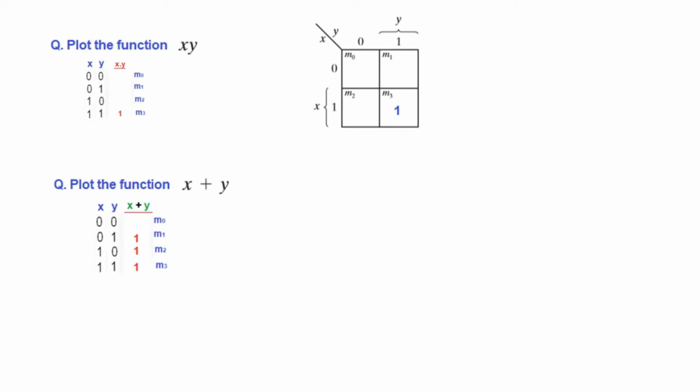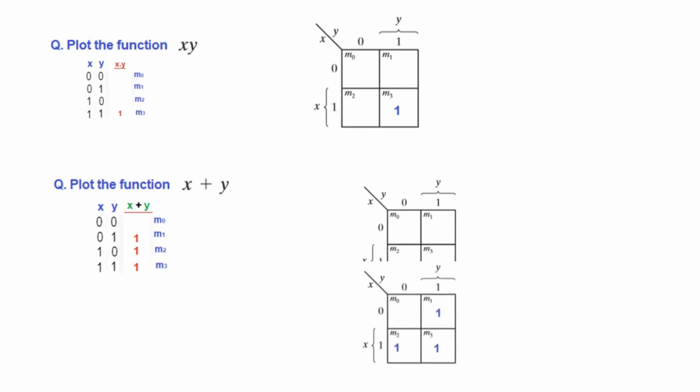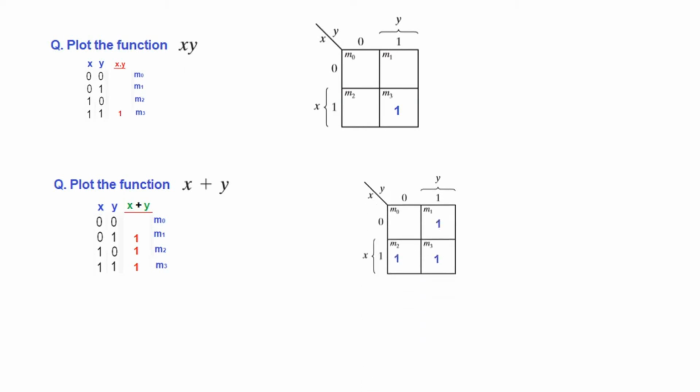When x is 1, it is 1. And when both are 1, it is 1. That means we'll have to put 3 ones in these 3 boxes, M1, M2, M3. So let's plot. This is the box, and now we put 1 into M1 and then M2 and M3. So this is how you plot the functions.